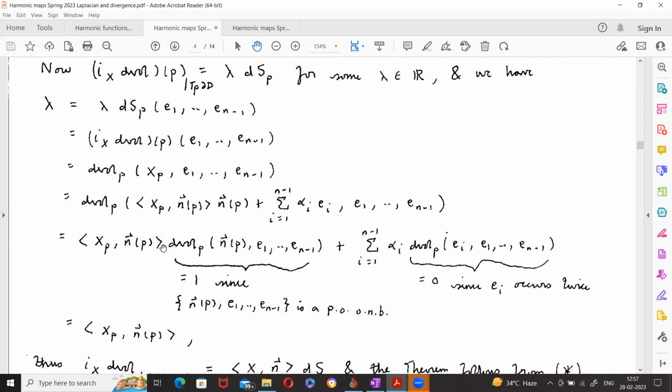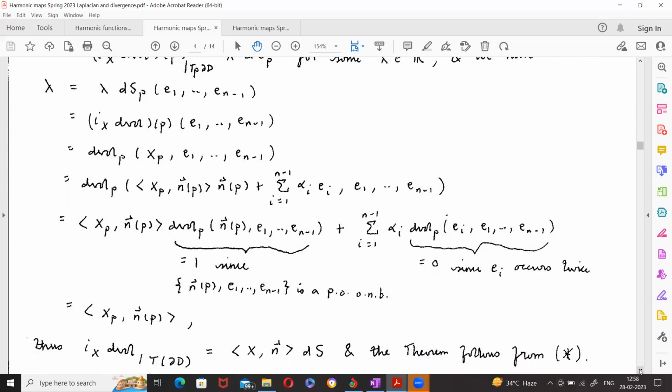The first term is X inner product N into 1. I mean, d vol of N and then E1 to En minus 1 is 1, since this is a positively oriented orthonormal basis of TPM. And the other terms are all 0 because I will have EI occurring twice, right? So that means this coefficient lambda is X inner product N. And that's exactly what I wanted.